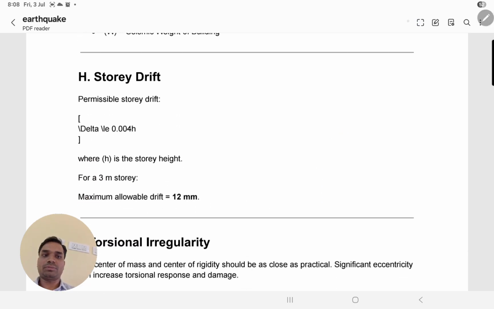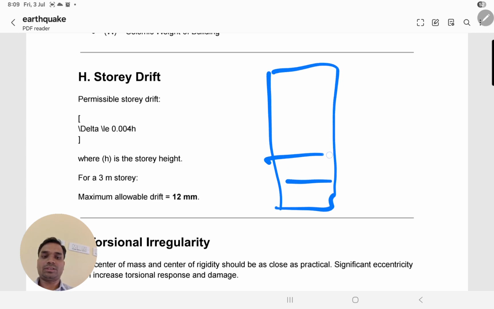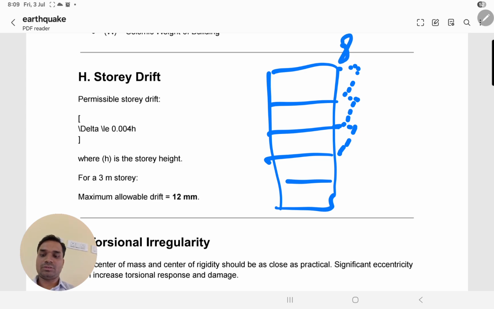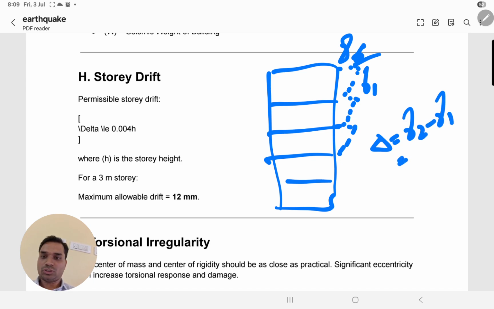If I simply explain, just consider it is a multi-story building. At the time of an earthquake it will move in this way. The lateral displacements are delta 2 and delta 1, and the difference between delta 2 and delta 1 is considered as story drift.